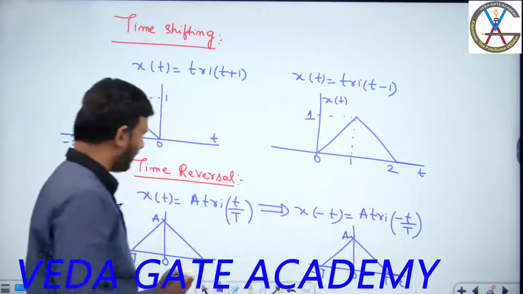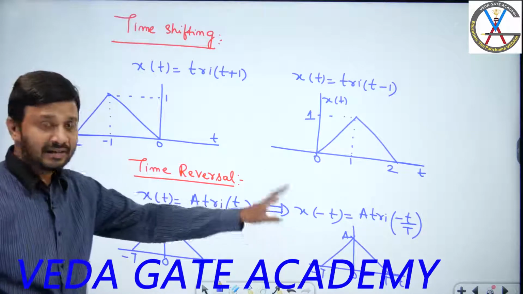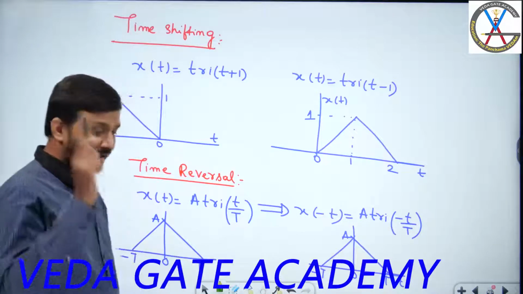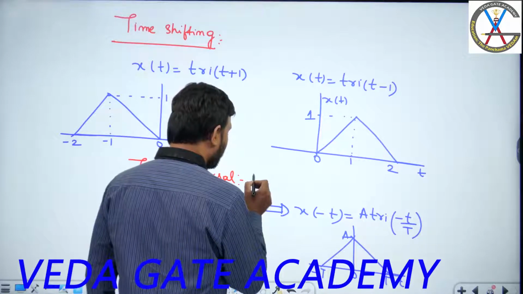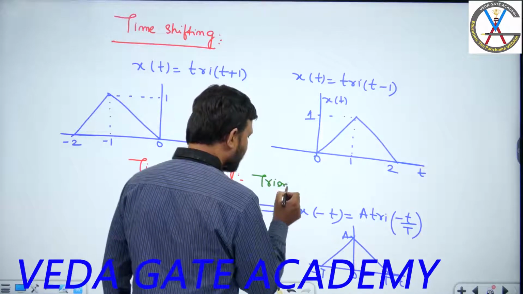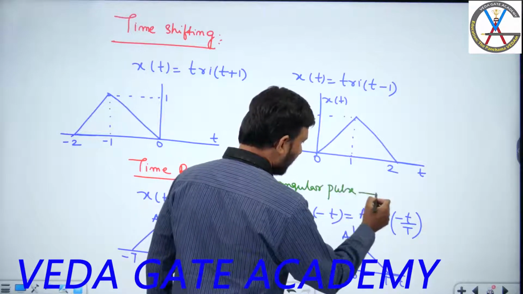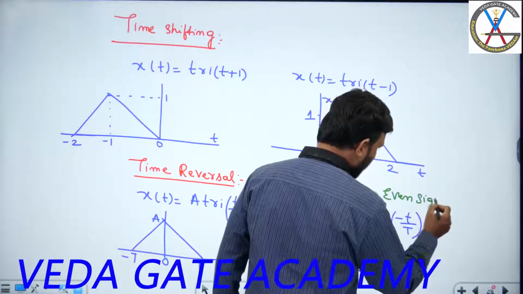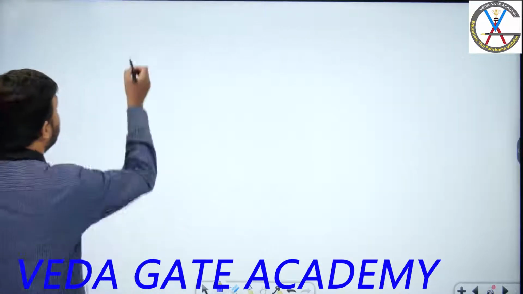Now if I take the reversal, you are going to get the same signal. x of t and x of minus t are the same. What is your conclusion? Your conclusion is that tri t, the triangular pulse, is an even signal. If it is an even signal, you can do many things.